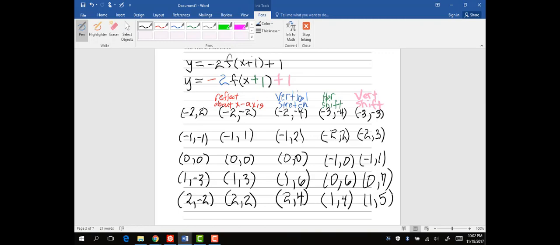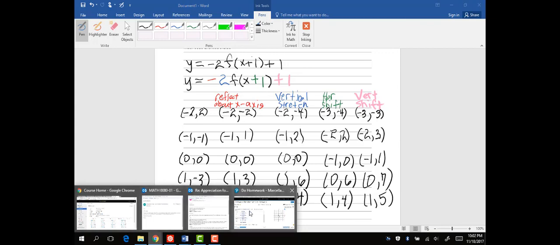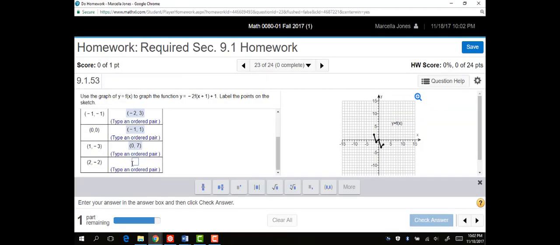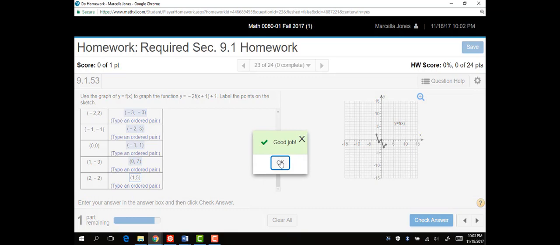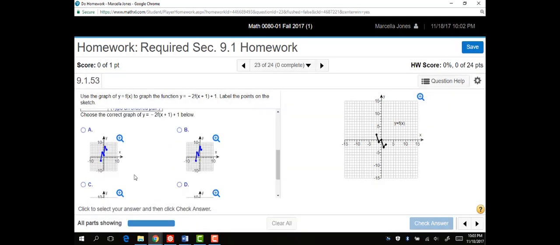So the point (2, -2) transforms into the point (1, 5). And let's type that in. And let's check our answer. So that's how I would do that.